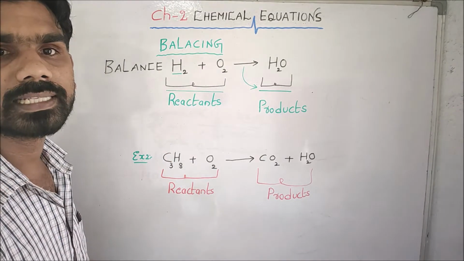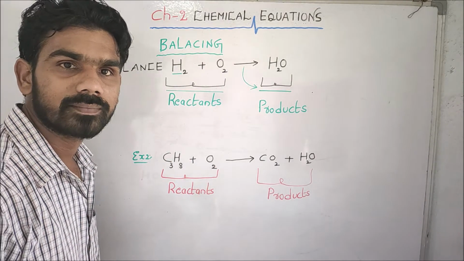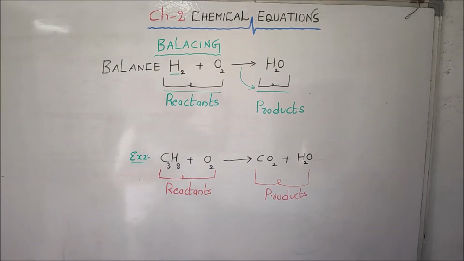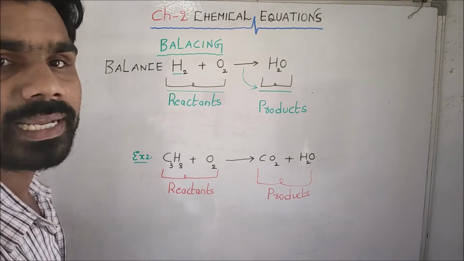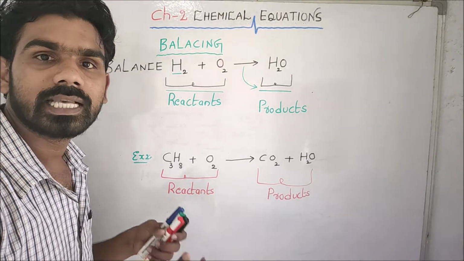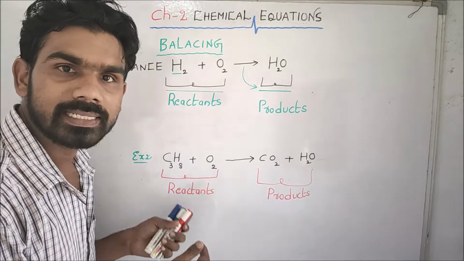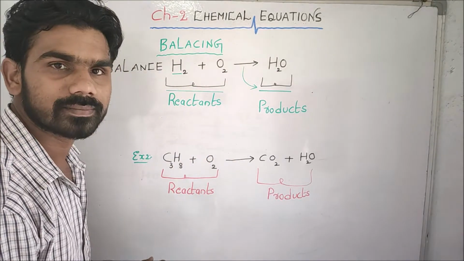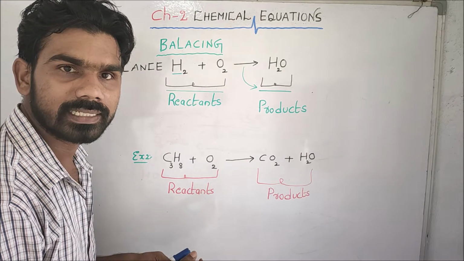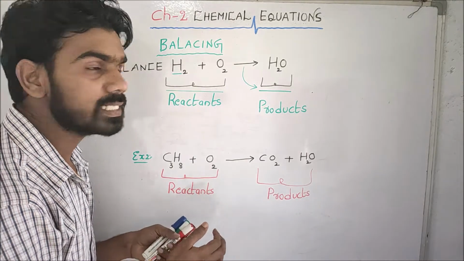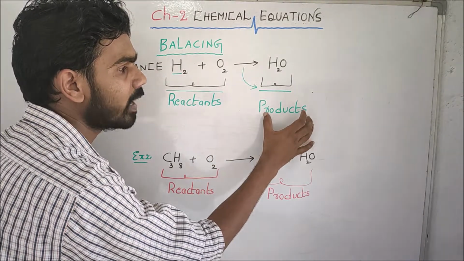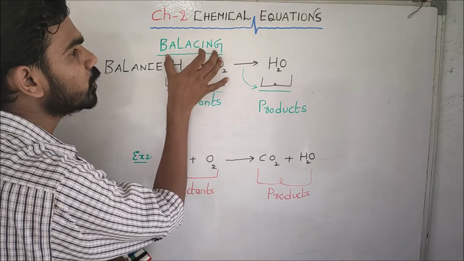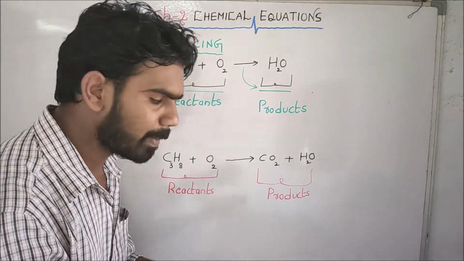So you can write like this: in a chemical reaction, the substances present on the left side of the arrow are called reactants. In a chemical reaction, the substances present on the right side of the arrow are called products. Now what you have to do? You have to balance. What is balance?